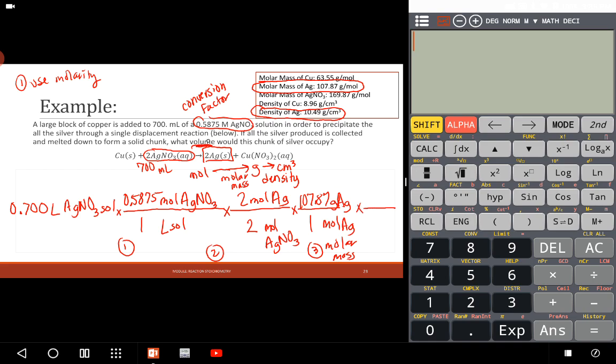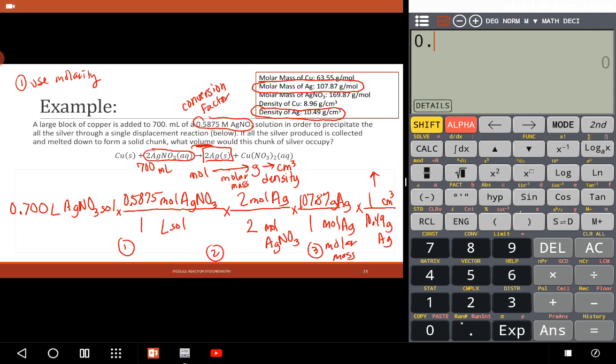But I'm not in the unit it's asked me for. It asked me for centimeters cubed. So the density is 10.49 grams of silver metal for every 1 centimeter cubed. And I don't have any more room, so I'm going to have to go up a little bit.